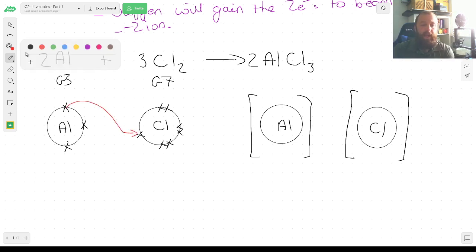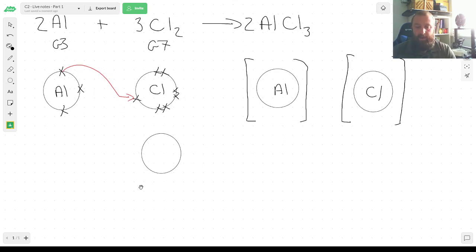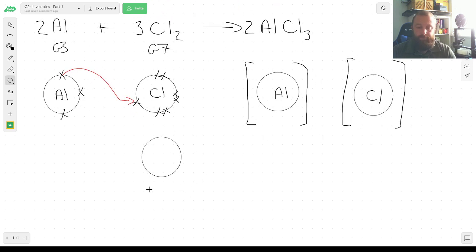So, aluminium needs to lose 3, but it can only give 1 to chlorine, because chlorine only has space for 1 before it gets to a full outer shell. Let's just move that up. Get rid of that one. Let's put that back in again. There we go.